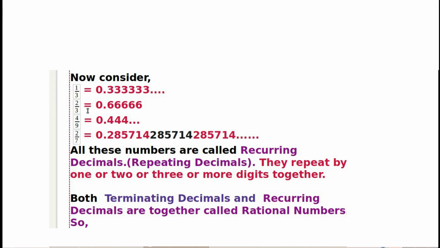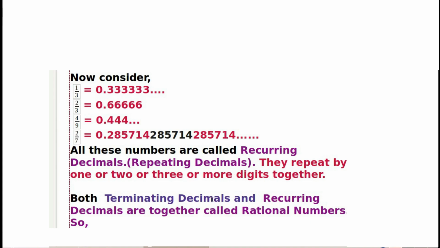And 2 by 7 is 0.285714. Again the same number 285714, 285714 etc. All these numbers are called recurring decimals or repeating decimals. They repeat 1 or 2 or 3 or more digits together.